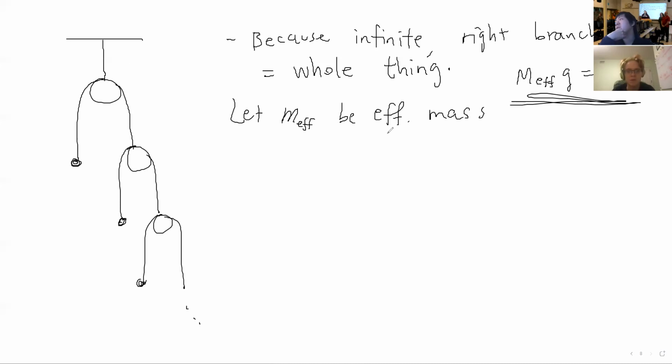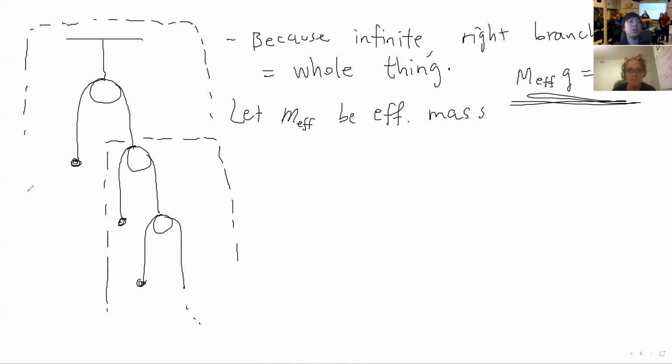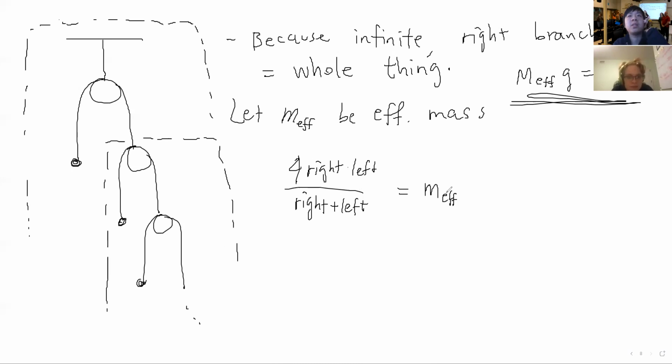So if MF, the effective mass of this right branch, is equal to the effective mass of the whole thing by our infinite recursion assumption, then this means that 4 times right times left over right plus left is equal to the effective mass, right?